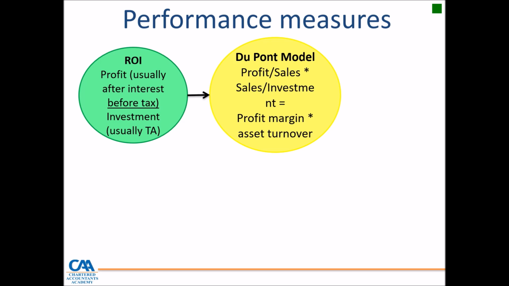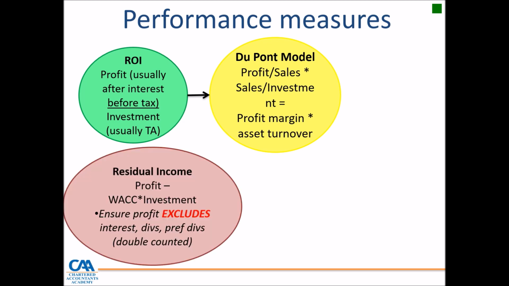So I can use the DuPont model to further explain the return on investment. As you look back at the formula for return on investment, there's a link between profit margin and asset turnover.